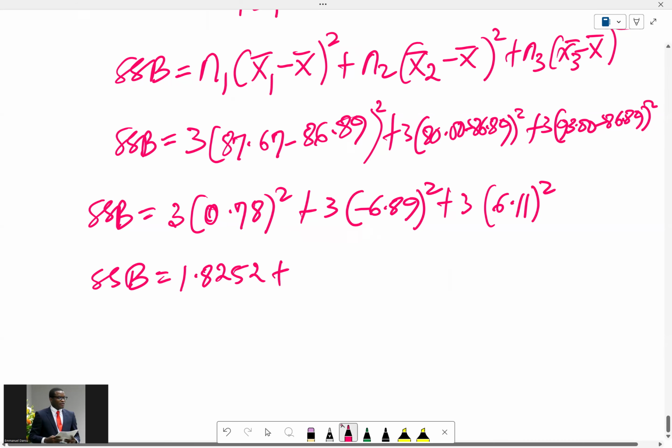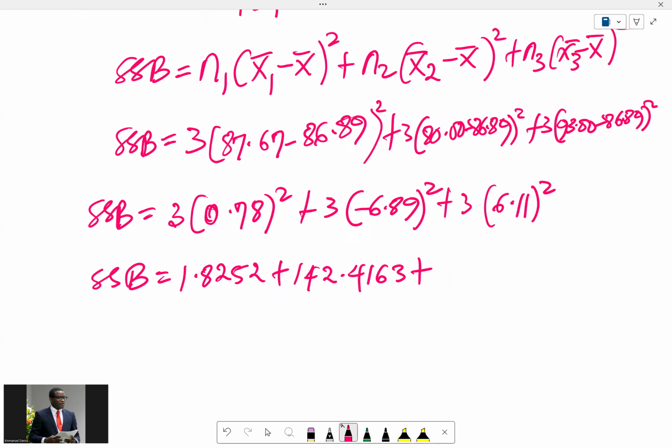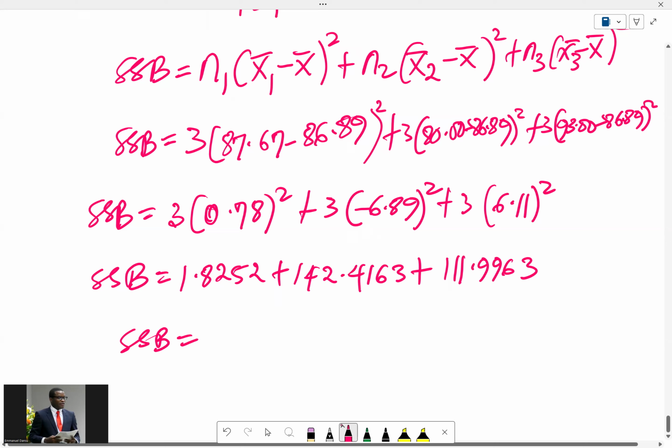The next one is 3 multiplied by minus 6.89 all squared, so that is 142.4163. And lastly, we have 3 times 6.11 all squared. That is 111.9963.